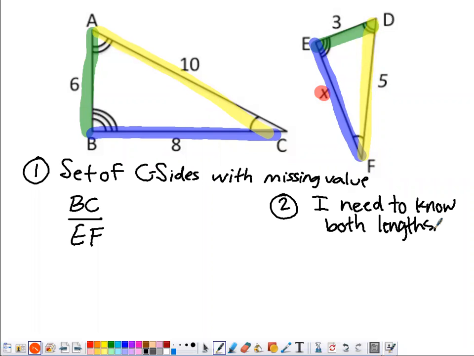Do I know both of their lengths? Yes. So can I use those? Yellow and yellow, do I know both of their lengths? Yes. So can I use those? So does it matter which set I use? No. So are we gonna use green or yellow? Yellow. All right.